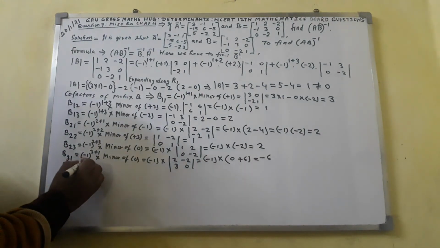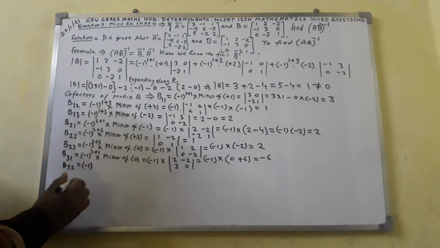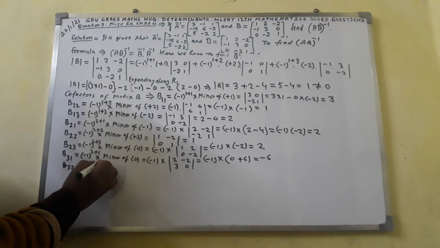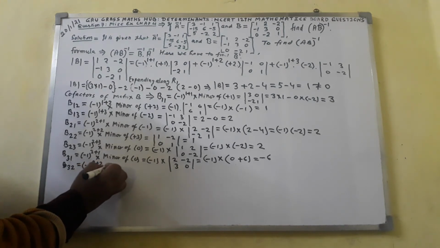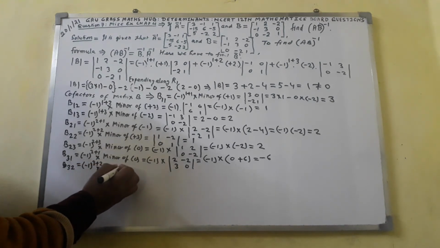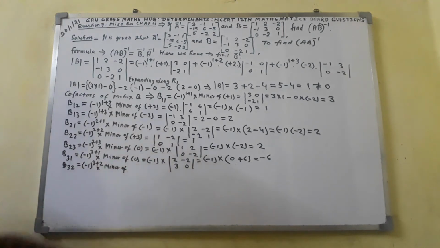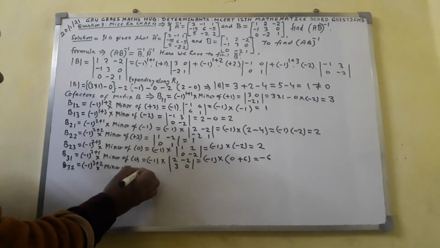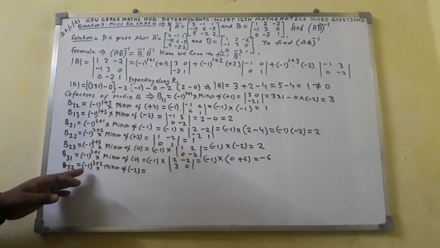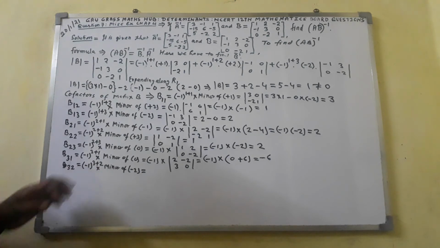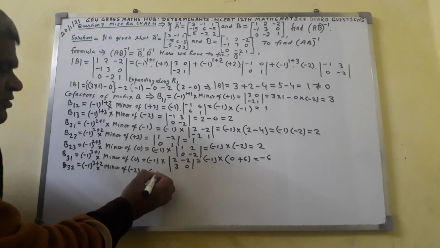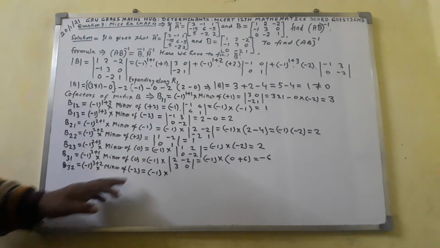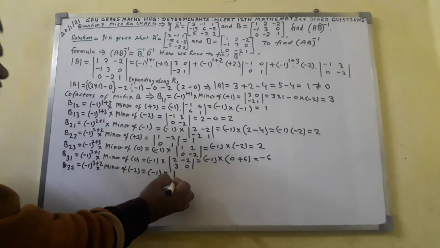So it will become minus 1 raised to the power 3 plus 2, right, into minor of element minus 2. Minus 1 raised to the power 5, it will become minus 1 into minor of element minus 2.